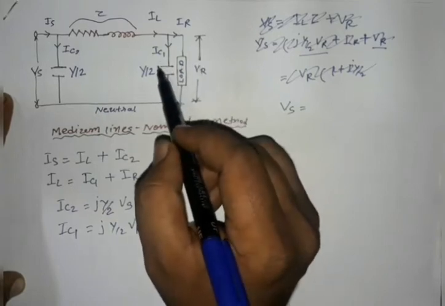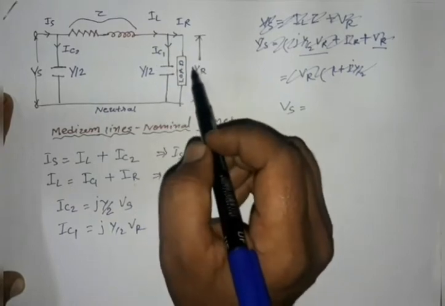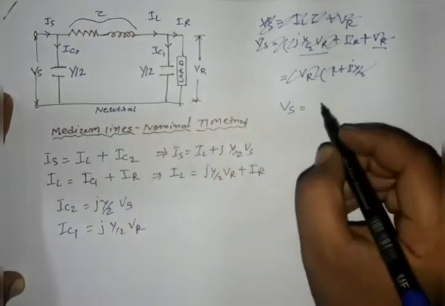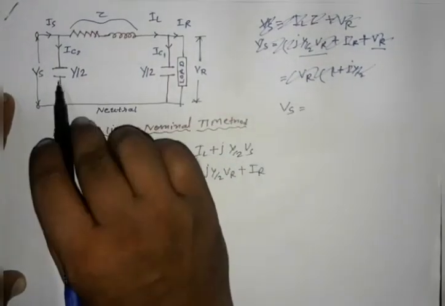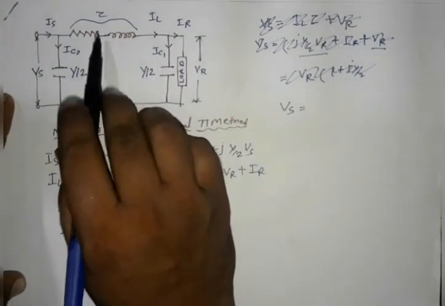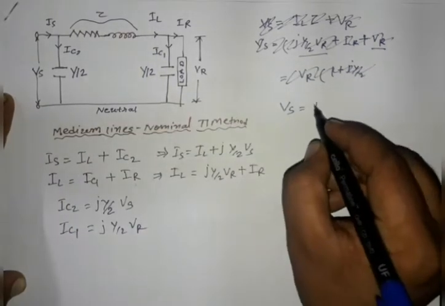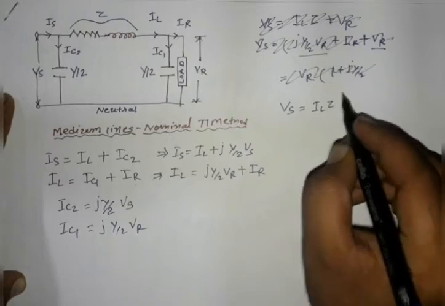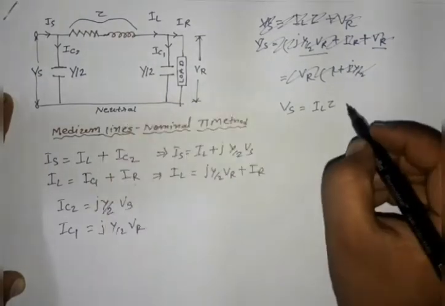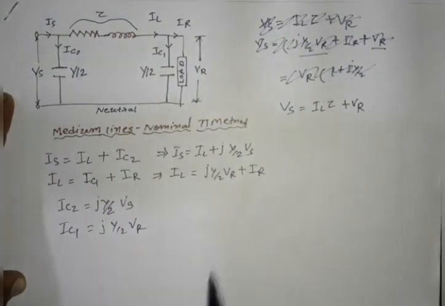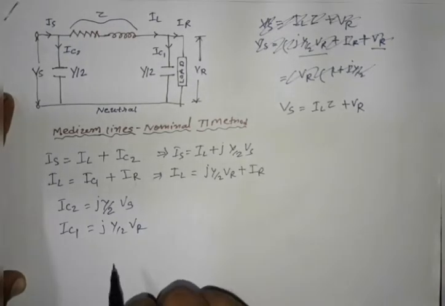So the first capacitor voltage is Vr. So here Vs is equal to the impedance drop due to the current IL, so IL into Z, plus Vr. So here is the sending end voltage equation.